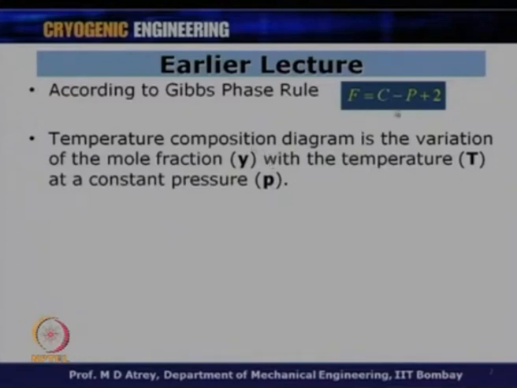For example, for two components and two phases, we need to have two degrees of freedom, which could be pressure and mole fraction, or temperature and mole fraction for a given pressure.